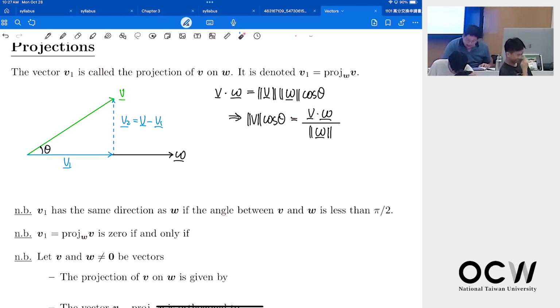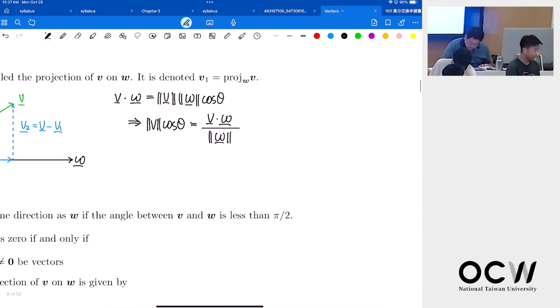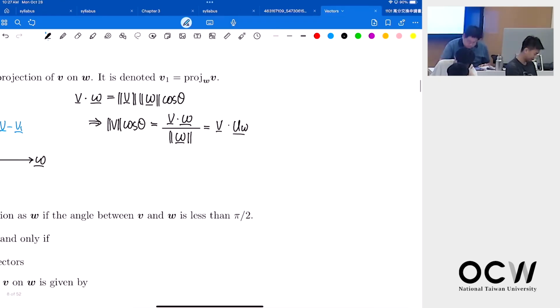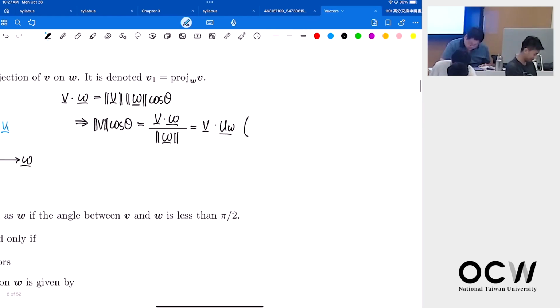And here you can see that I have w divided by its norm. If I have a vector divided by its norm, then it is a unit vector, right? So this is a unit vector. v dot product the unit vector of w is the magnitude of vector v projecting onto w.